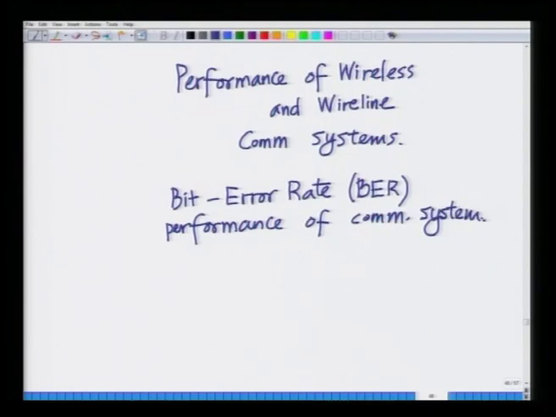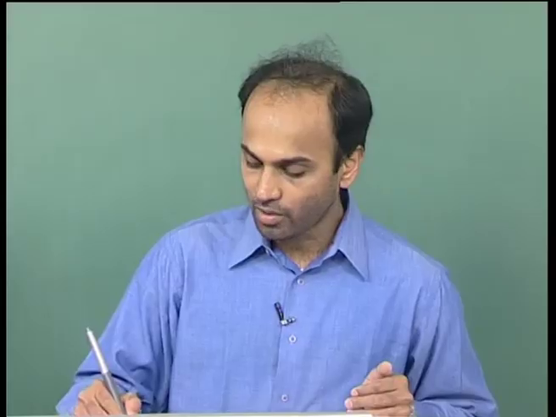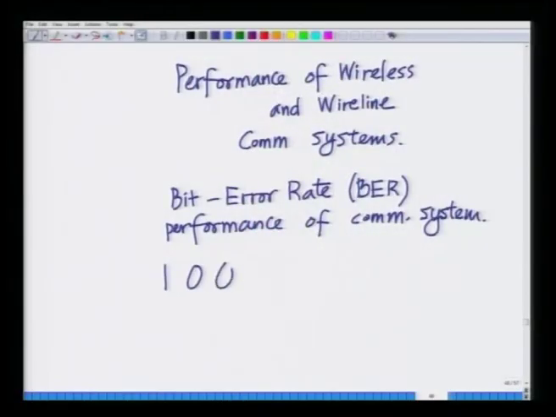We most often mean the bit error rate because every digital communication system transmits information in terms of binary information symbols, that is ones and zeros. So, every communication system transmits a string of ones and zeros. These are coded and transmitted over the information channel.